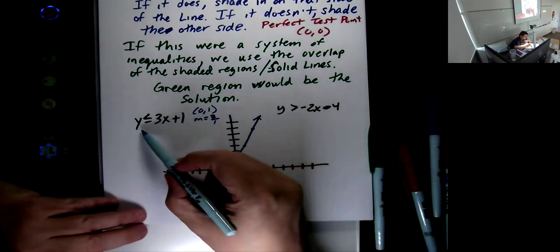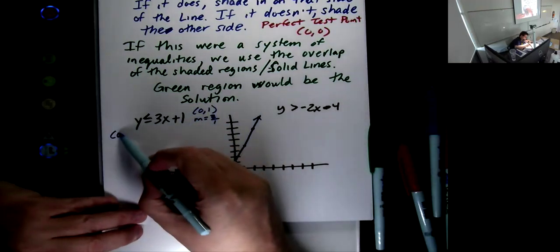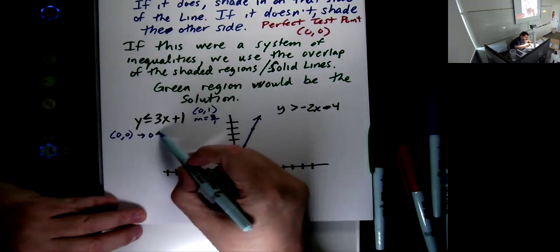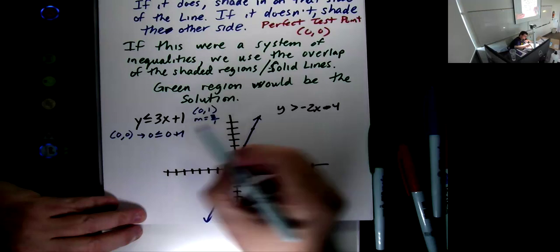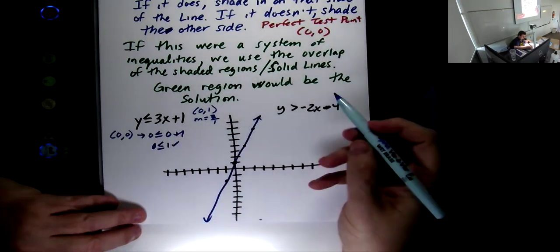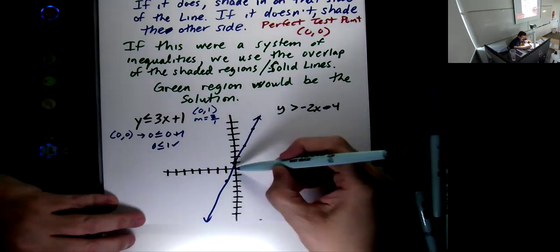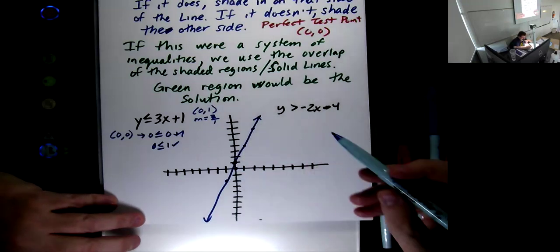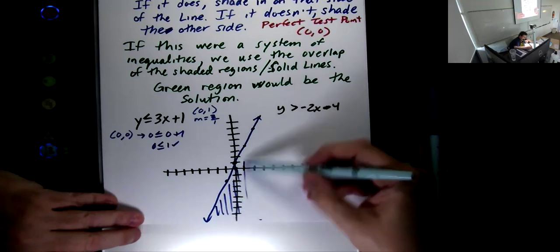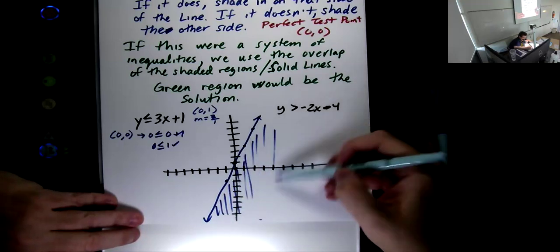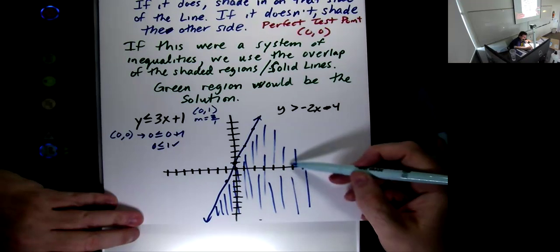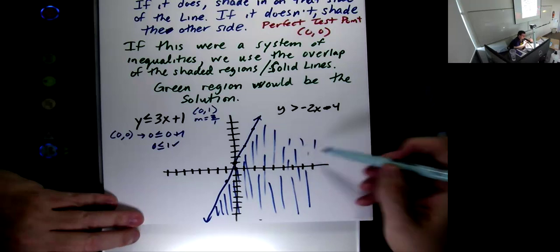If I plug in 0, 0, I have 0 is less than or equal to 0 plus 1. 0 is less than or equal to 1, yes. So 0, 0 is right here, so I'm going to shade on the side that has that. So just shade down, everything over there.